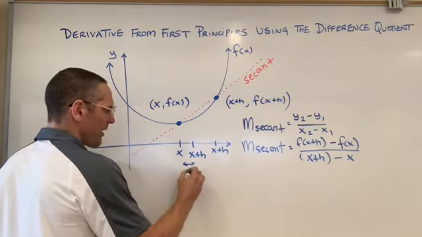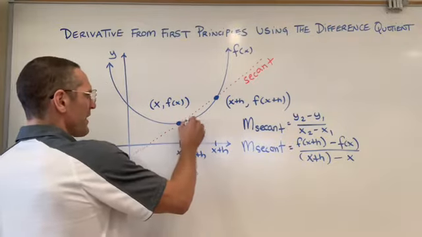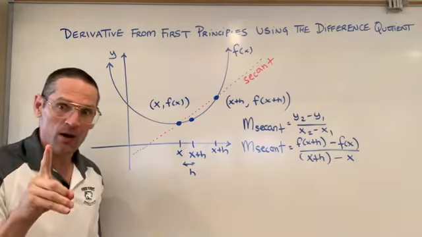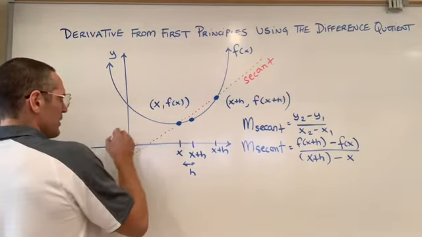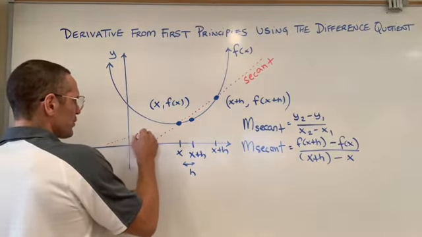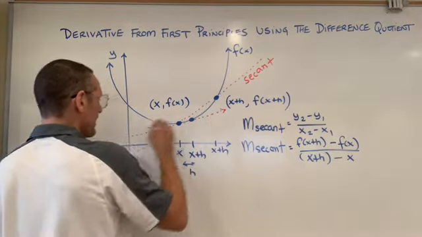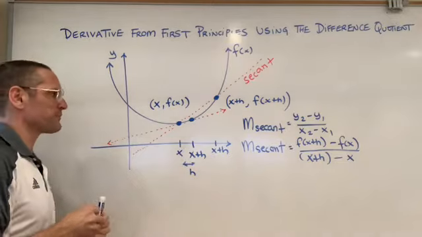Now look how small my h is there. If this is my x plus h, look what happens to the slope of our secant line. It's getting flatter and flatter and flatter.